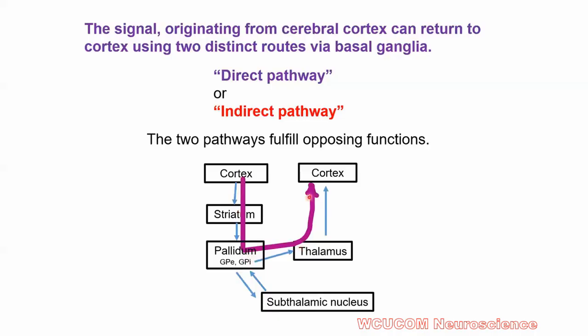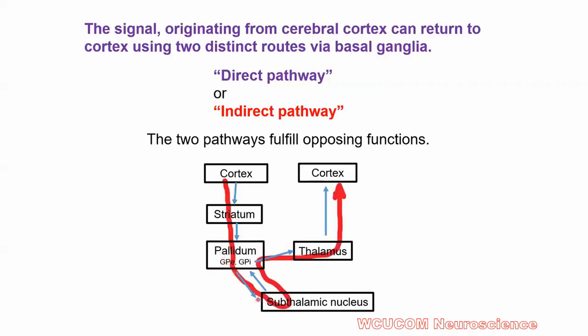Direct pathway to allow the expression of motor programs. And then for the opposite, the indirect pathway from cortex to striatum to the external division of globus pallidus.